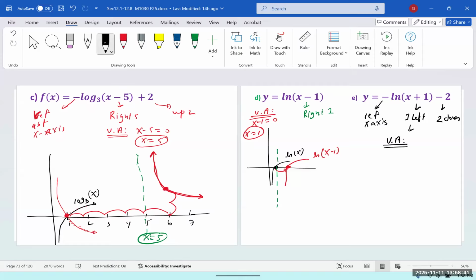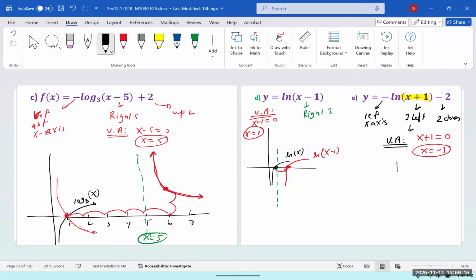Vertical asymptote comes from the inside. So x plus 1 equals 0, x equals negative 1. It's negative 1, from the left and right, not from the up and down. Up and down is taken by the exponential, so you cannot use that.